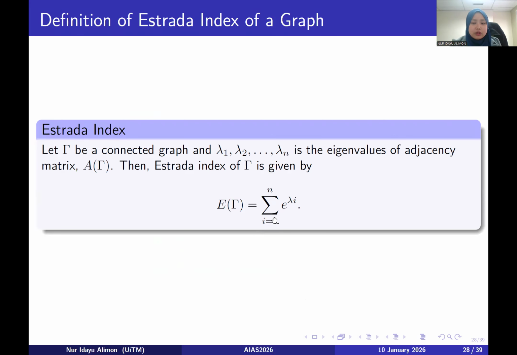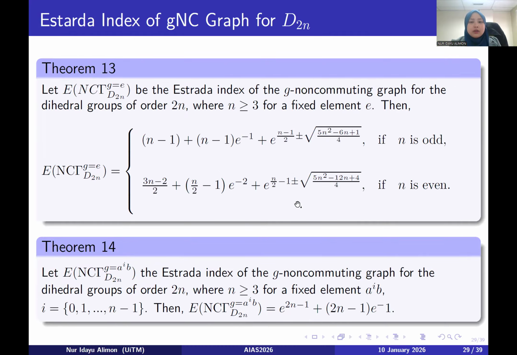So the Estrada index is the summation of i equals 1 until n of e to the power of lambda i. So this one is the Estrada index of the G non-commuting graph for D2n. For G equals E, you will get this answer. So just substitute the value of n and then you will get the Estrada index.